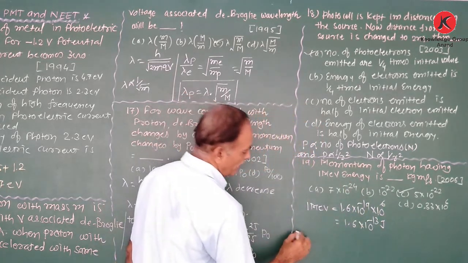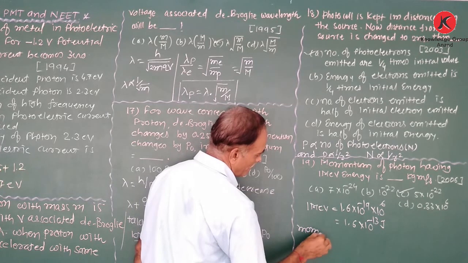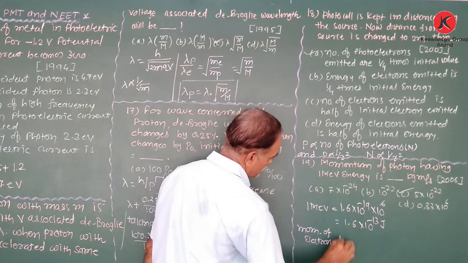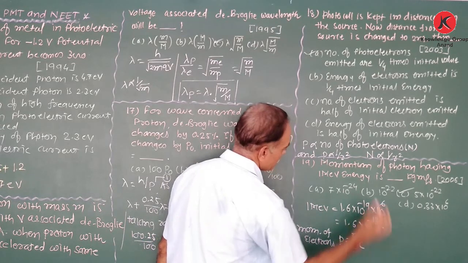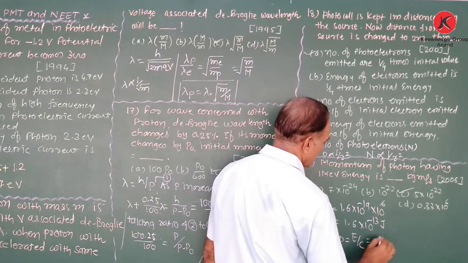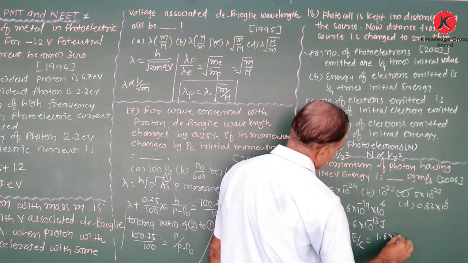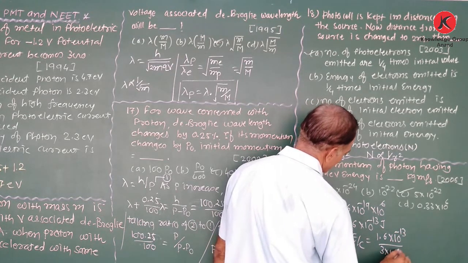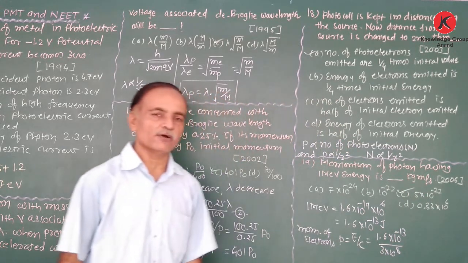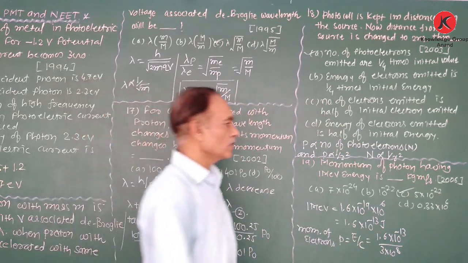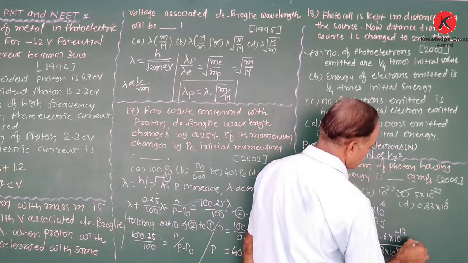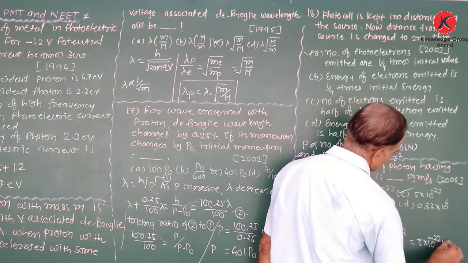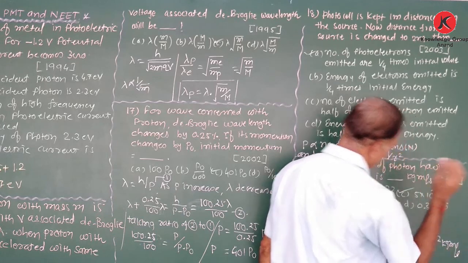Now we know that momentum P is equal to E by C. That means 1.6 into 10 to the power minus 13 upon 3 into 10 to the power 8. That is the velocity of light in vacuum. Therefore, we obtain 5 into 10 to the power minus 22 kg meter per second.